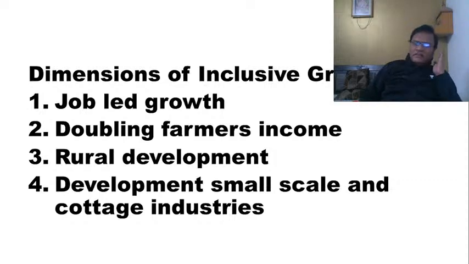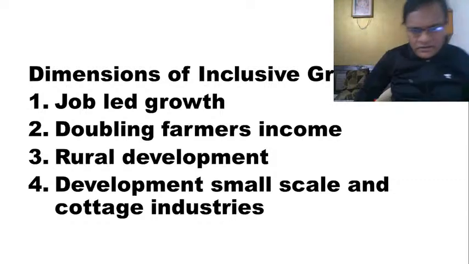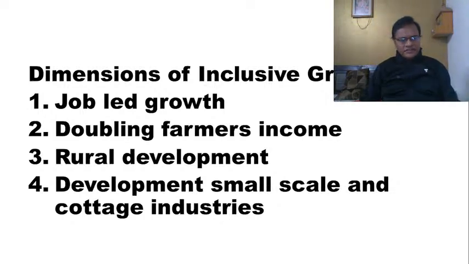The next dimension of inclusive growth is, as we know, even today 50% of the people depend on agriculture for their livelihood. The farming community in rural areas all over the country, 50% of our population, still depends on agriculture for their livelihood. If we have to achieve the objectives of inclusive growth, it is not possible by leaving out this 50% of our population. Then what should be done?